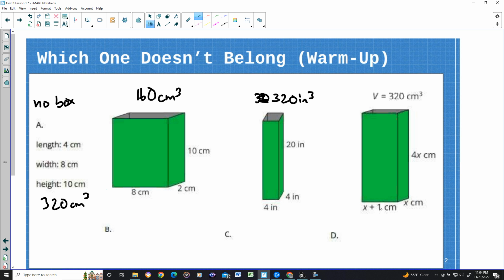Simply multiply them, right? So you might have x times x plus 1 times 4x equals 320. That expression can be used to represent the volume. You could say V equals, or since we know the volume is 320, say it's equal to 320.